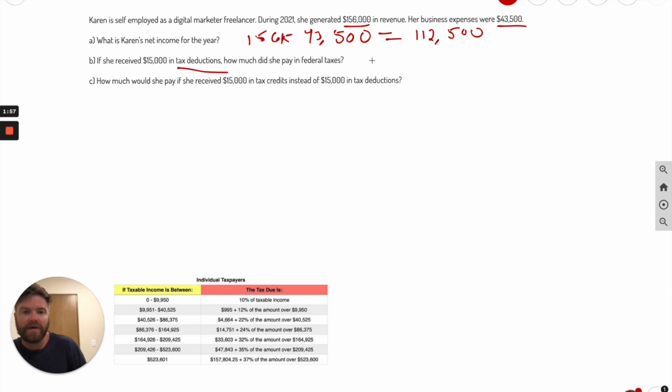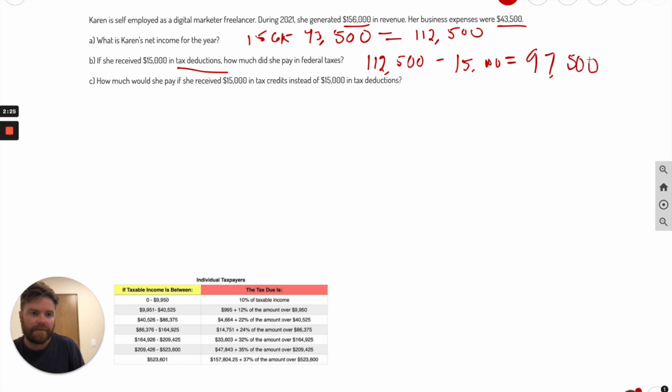So we take 112,500, subtract out 15,000. So let's take a look. 112,500 minus 15,000 is $97,500.